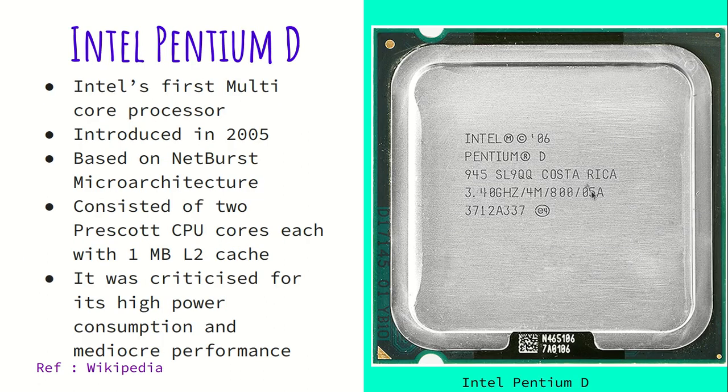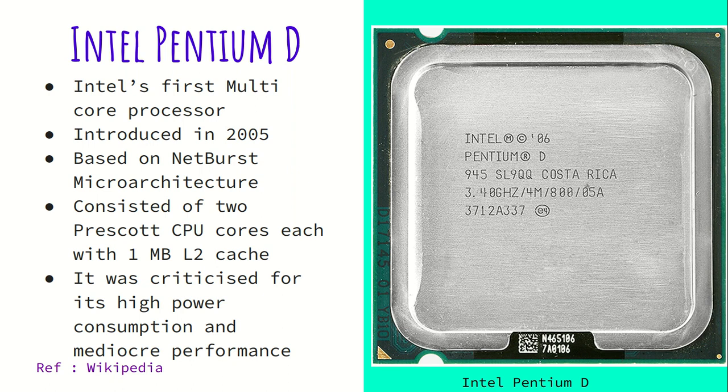Next, Intel's first multi-core processor was the Intel Pentium D processor. It was introduced in 2005. It was based on the NetBurst microarchitecture. It consisted of 2 Prescott CPU cores, each with 1 MB L2 cache. The main drawback of this processor was that it consumed a lot of power and its performance was not up to the mark.